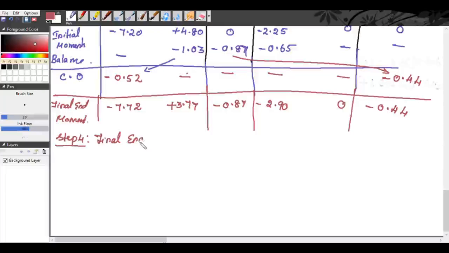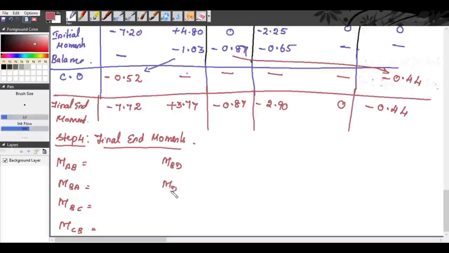Our final end moments are MAB, MBA, MBC, MCB, MBD and MDB. So MAB is minus 7.72 kilonewton meter. MBA is plus 3.77 kilonewton meter.